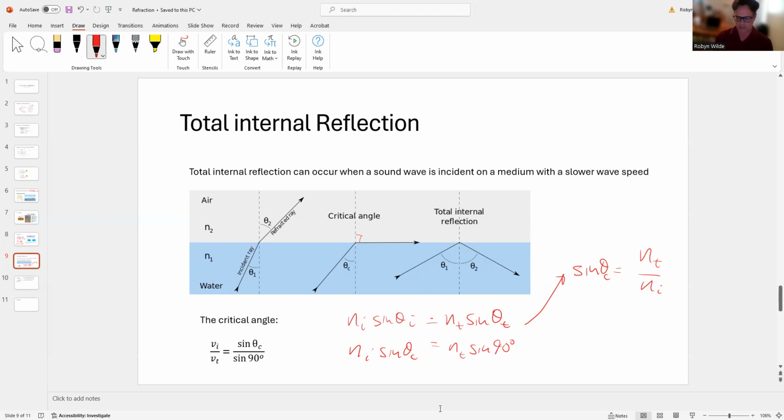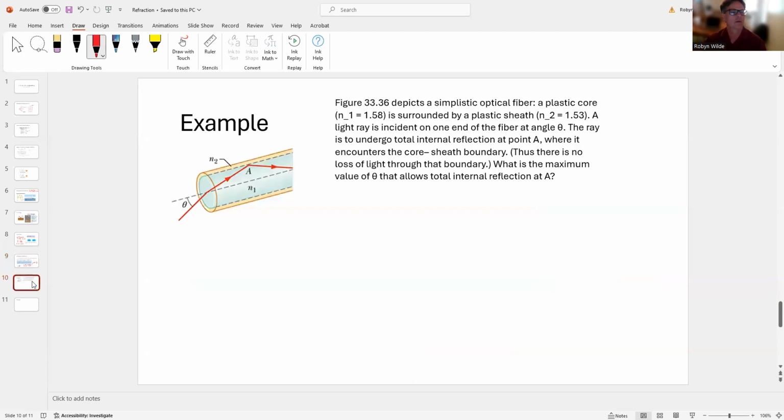So hopefully that makes sense as far as total internal reflection, but let's do an example which combines both the refraction and total internal reflection parts. Again, this is an example from the book. This figure depicts a simplistic optical fiber. In fiber optics, it's basically a glass-type tube.